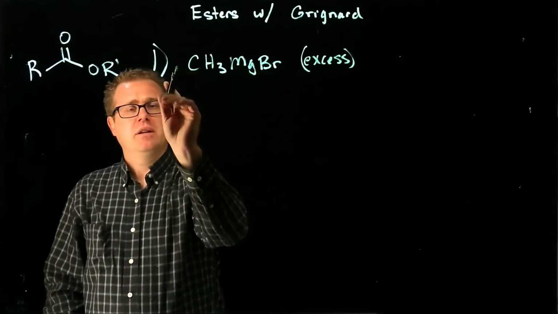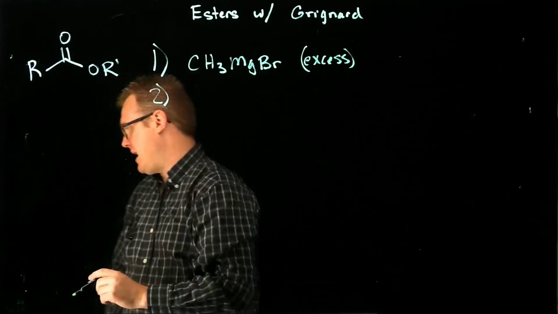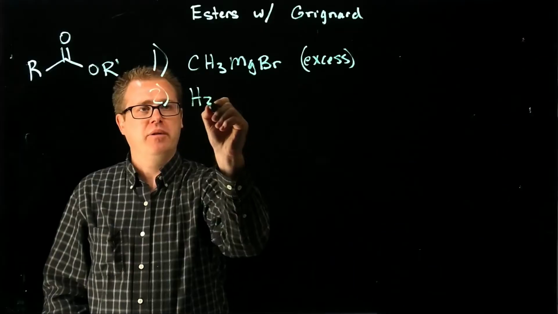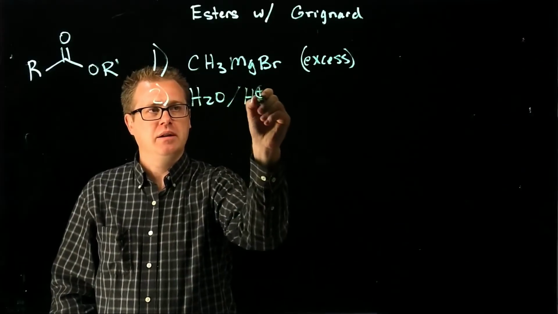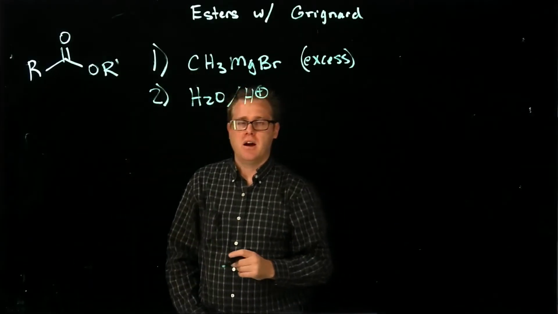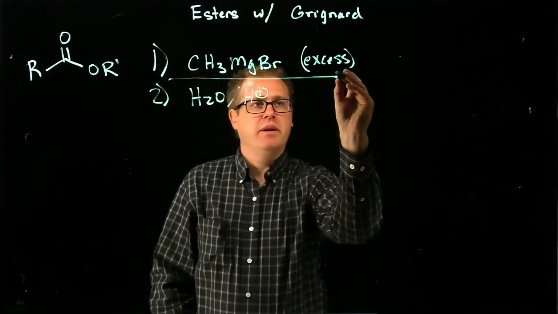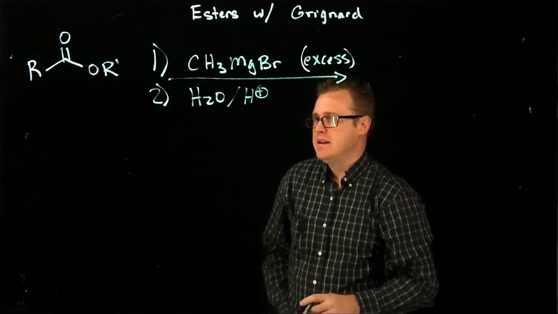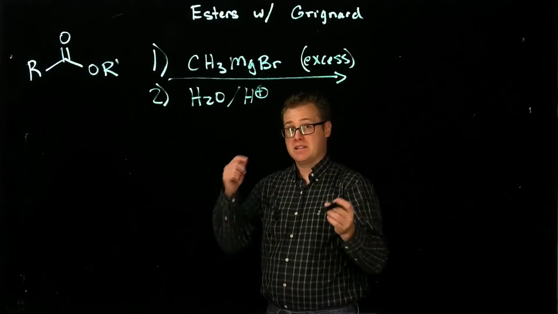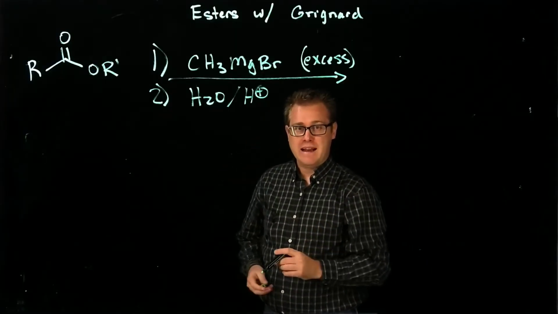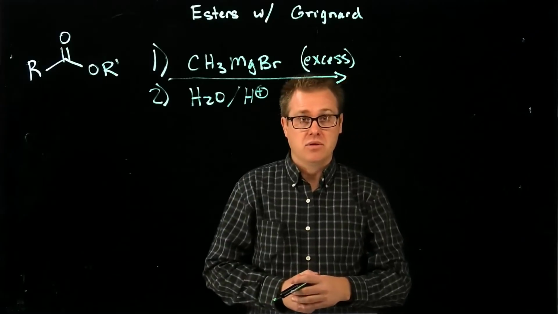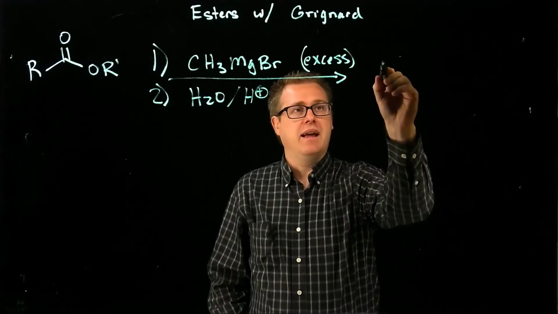And after the first reaction, you once again have to do an aqueous or acidic workup to protonate the oxygen atom. When you do that, what are we going to generate? Now this is analogous to taking a Grignard and reacting it with the acyl chlorides. What did we get?